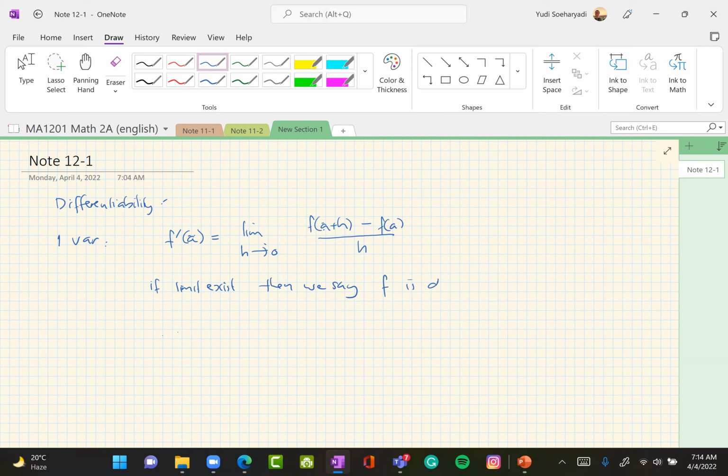f is differentiable at x equals a. Okay. Now, the last time I mentioned that if you replace h by a vector, what happens to this one?